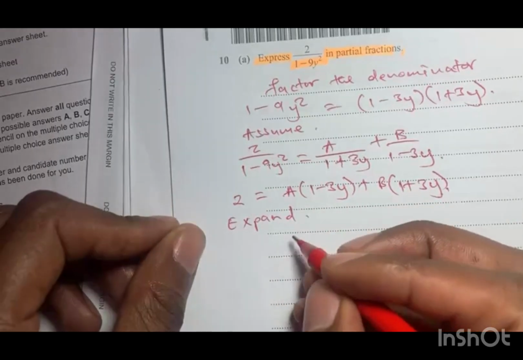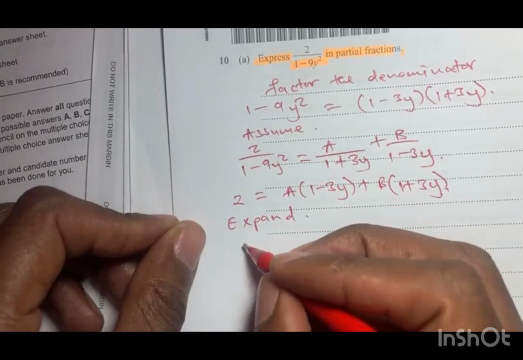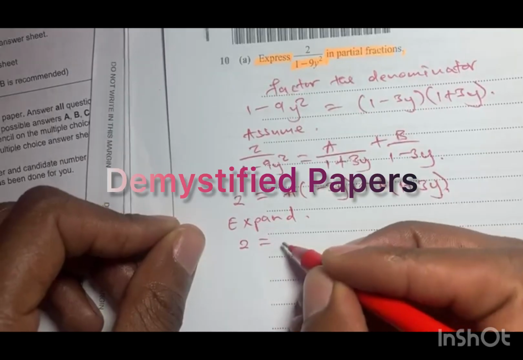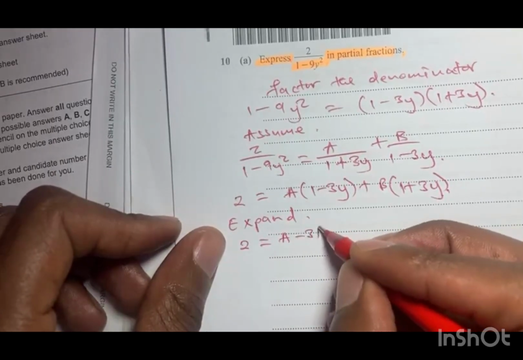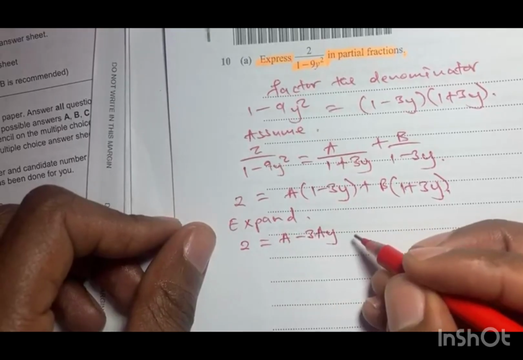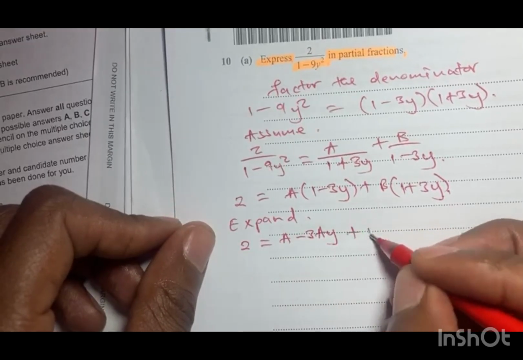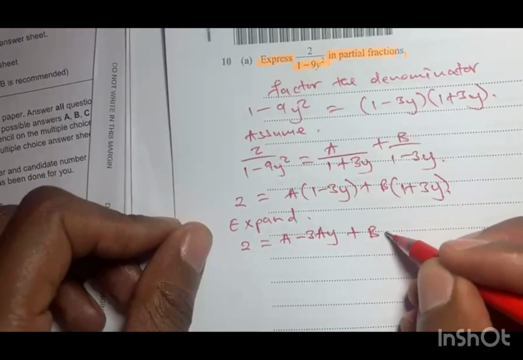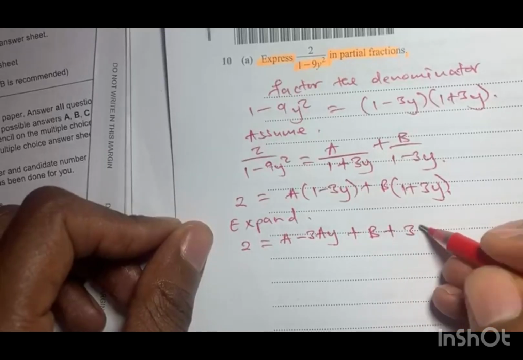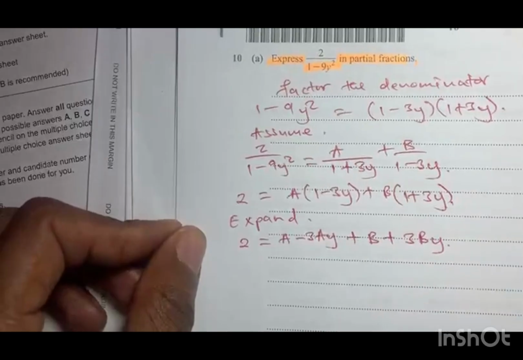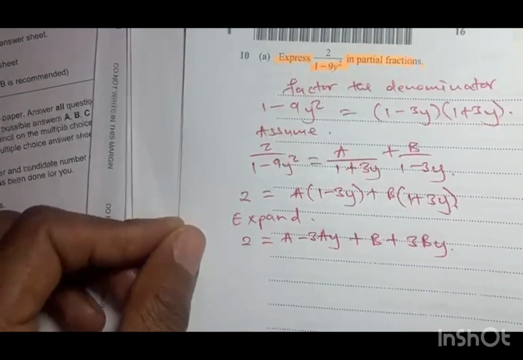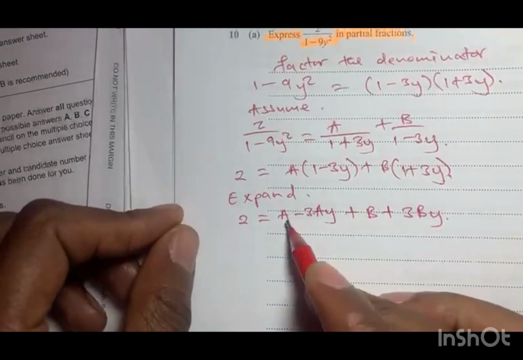So to expand, I'll get 1 is equivalent to A minus 3Ay plus B plus 3By. Alright, then I'll group the constant terms together.